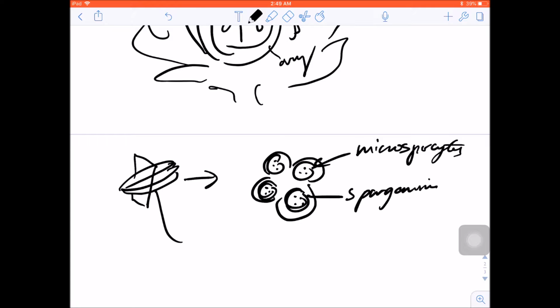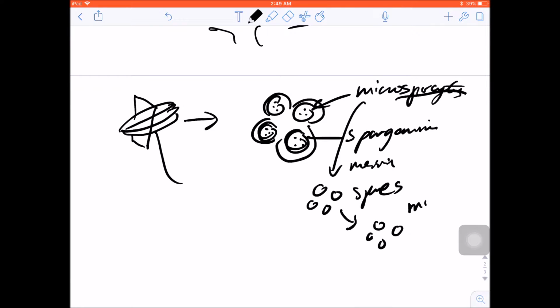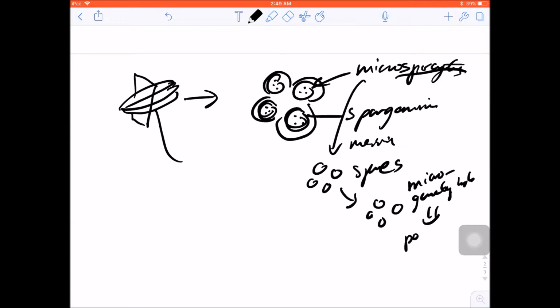And as this anther matures, what do we talk about? The sporocytes undergo meiosis, and almost exactly like the gymnosperms, you get 4 spores first that then develop into 4 microgametophytes, which are pollen grains.